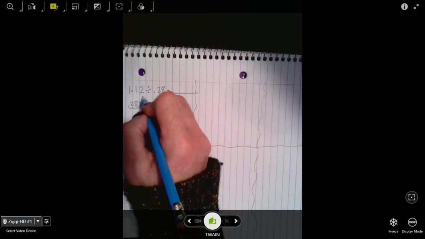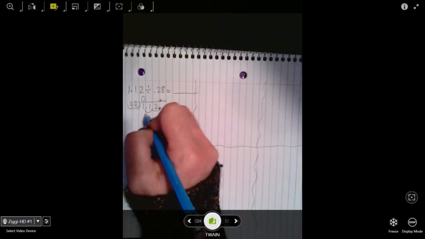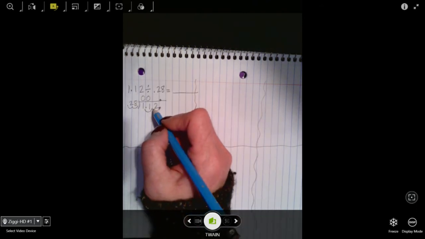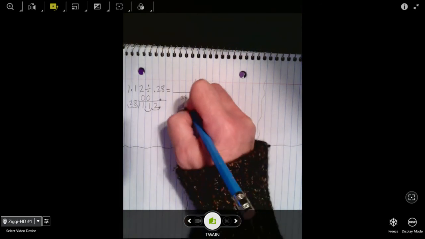So here I go. So now I have to ask myself, how many 28s are in 1? There are 0. How many 28s are in 11? We can't do that either, so we put a 0 up here. How many 28s are in 112? Well, I like to go over to the side, and I'm going to start with 4.